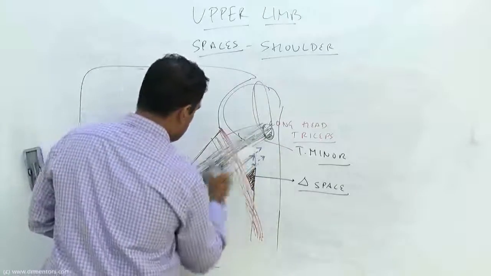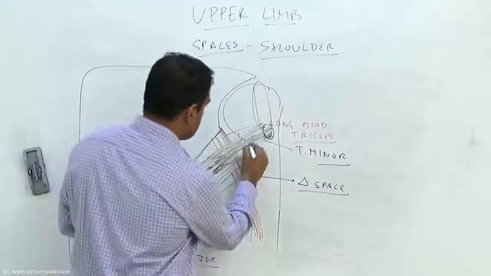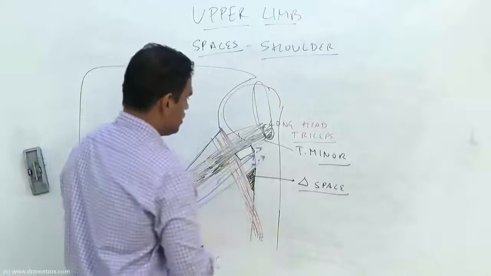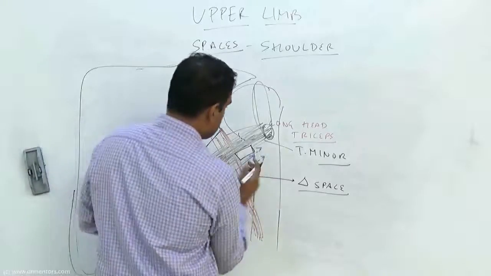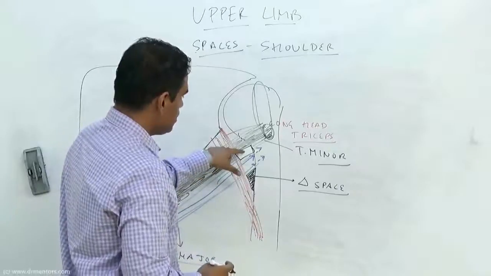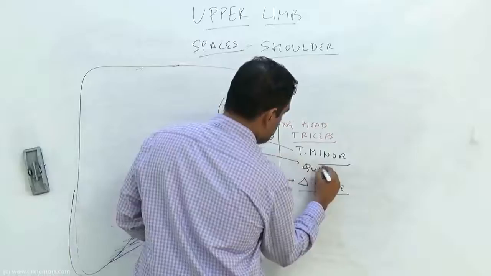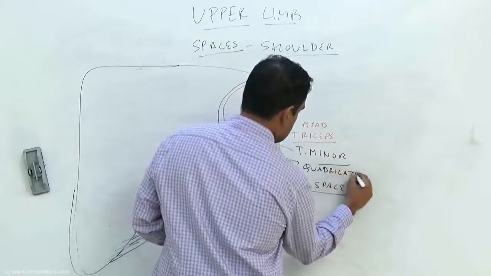So this whole is the teres minor, and there develops a space over here that is quadrilateral in shape. If you elevate this teres minor, then there is a space over here. That is our quadrilateral space.